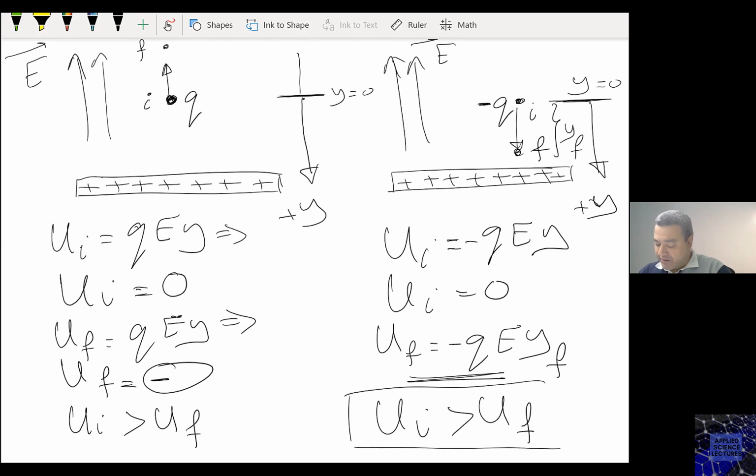So in all cases, when I release a charge, it will go toward decreasing its electric potential energy. So this is how we do the referencing for the negative plates and for the positive plates.